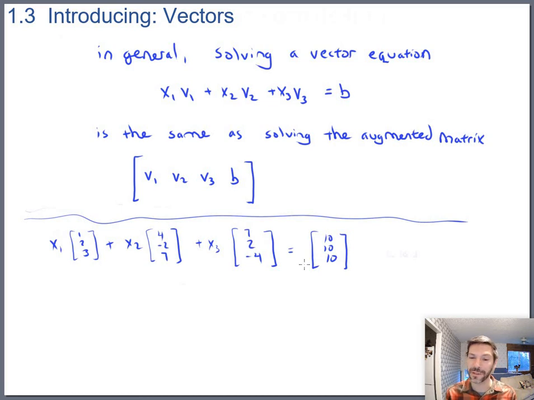I don't know if that particular one can be solved. Actually, I do know. It can be solved. But the way that you would do it is to create an augmented matrix with those three vectors as columns and this vector as the final column of the augmented matrix. You would row reduce that and solve it. And since I probably just made it up off the top of my head, it's probably got horrible fractions as its solution, but it could be solved.